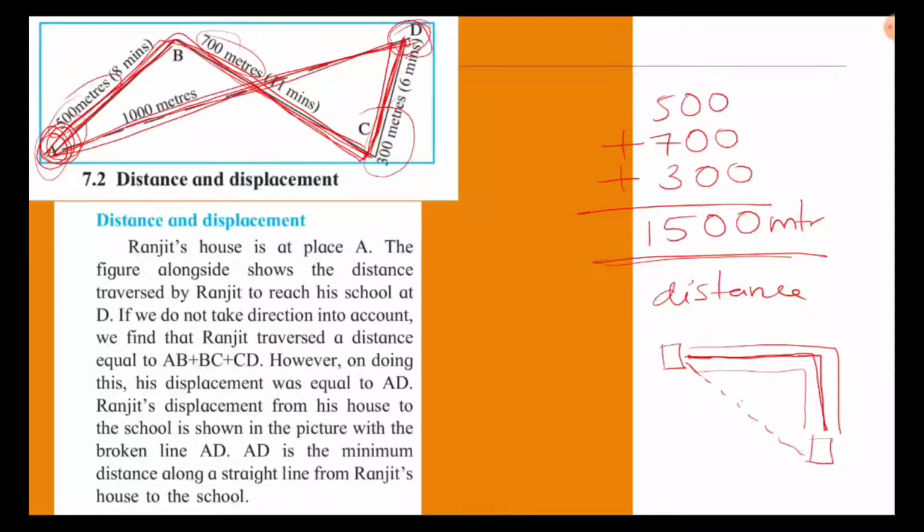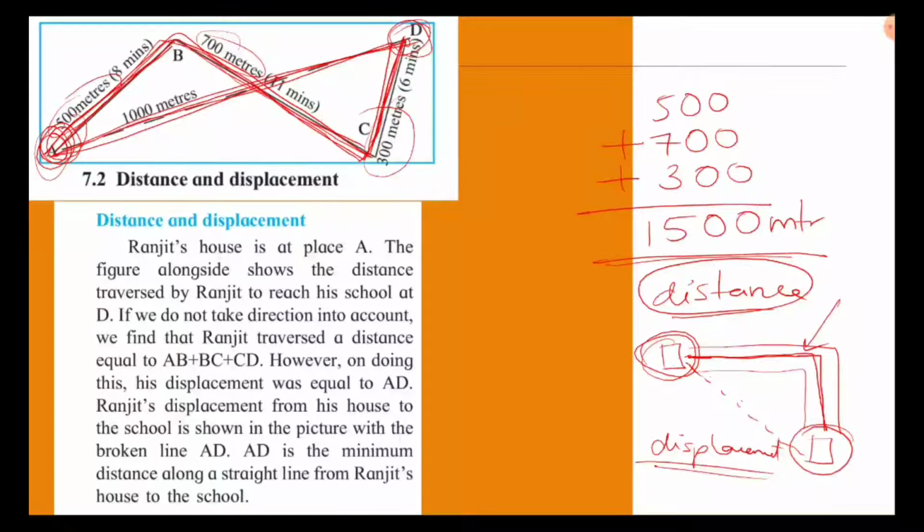So what you have to do, you have to tell that this is your distance, and a straight line from your initial position to the final position is known as displacement. This is the difference between distance and displacement. This is the thing which you have to write in your book.